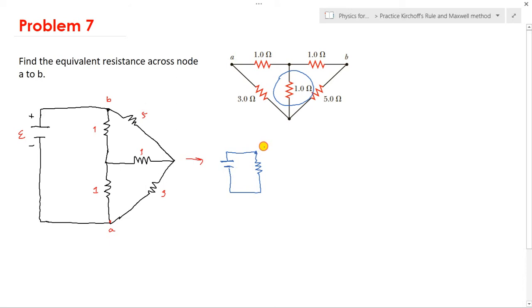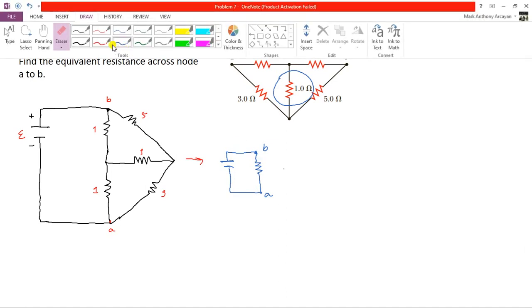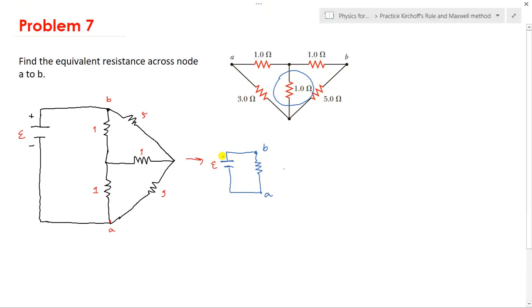This would be our node B and node A, and we label this as R equivalent, meaning all the resistors here become one. And if we do that, this is our E, positive and negative terminal, then this is our equivalent resistance. So there is only one current flow here. That is I.